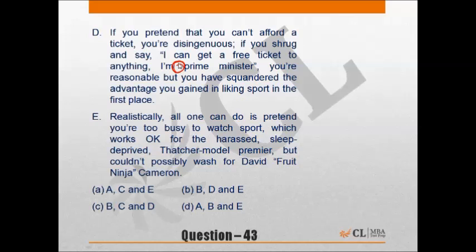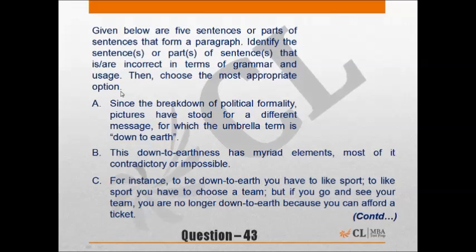So I was able to identify that statement D is inappropriate in terms of usage. But I could not identify anything incorrect with the other statements. So while I could say statement D is incorrect and hence choice A and choice D are incorrect, I could not identify which between choice B and C is the correct answer, so I left the question unmarked. Later on, while going through the solutions, I was able to get the answer, so let's quickly go through it.